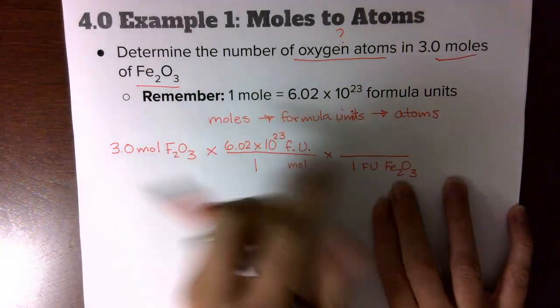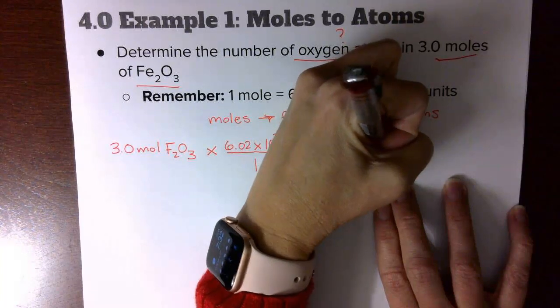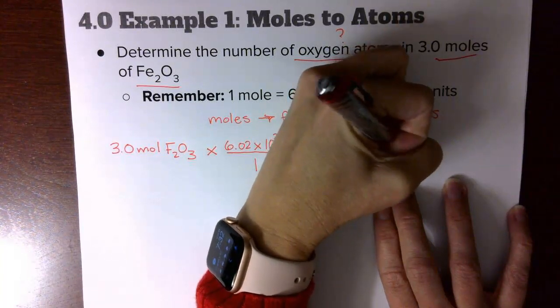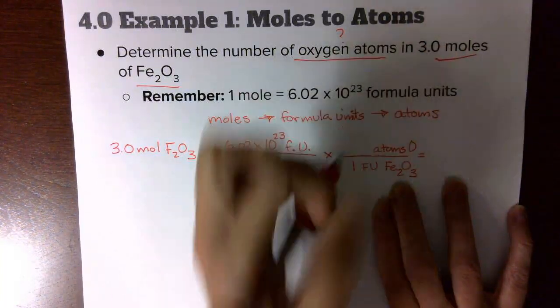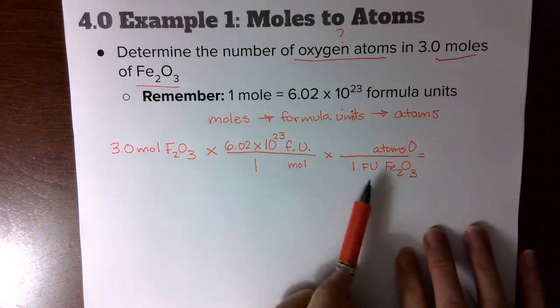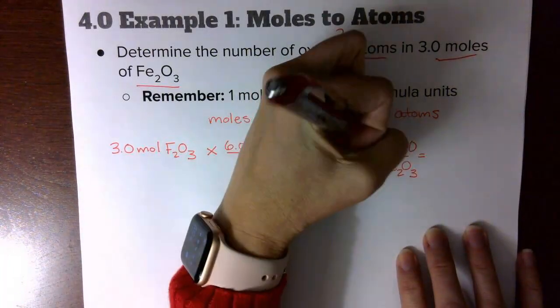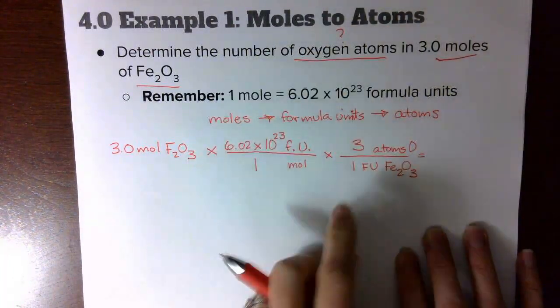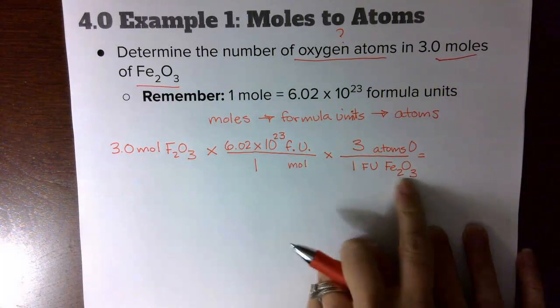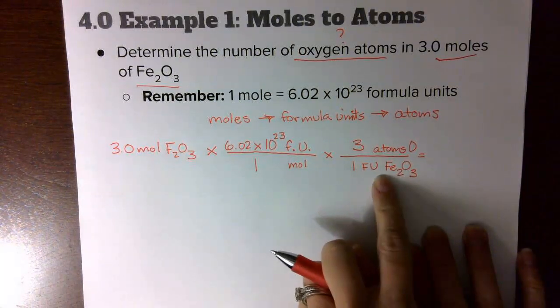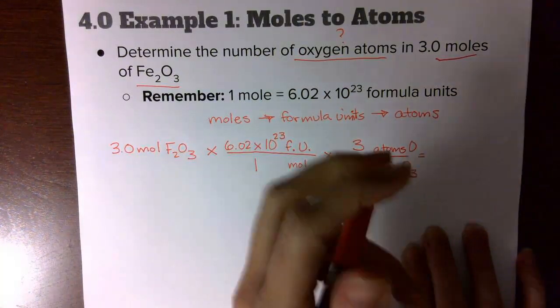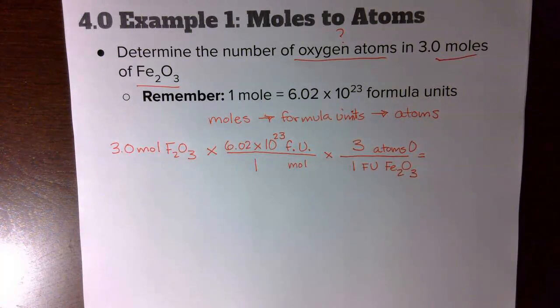We're looking for oxygen atoms, so we're going to put atoms of O. And in my formula unit, I have 3 atoms of oxygen. So for every Fe2O3, there are 3 atoms of oxygen. So I'm going to multiply this by 3. So for every 1 formula unit, a formula unit is this whole compound, right, the Fe2O3, there are 3 atoms of oxygen. So now we have this whole thing set up.